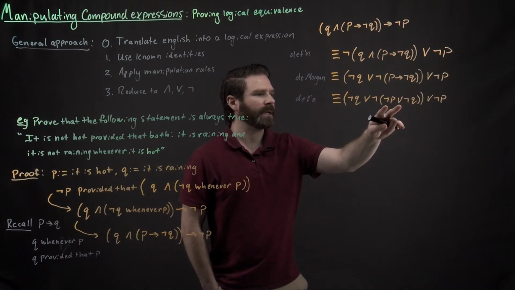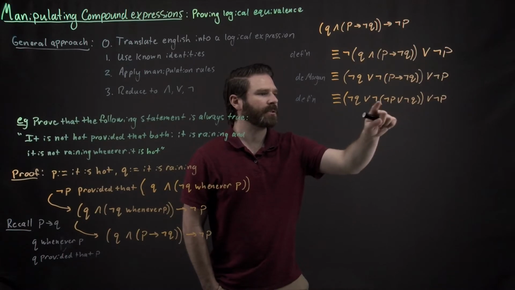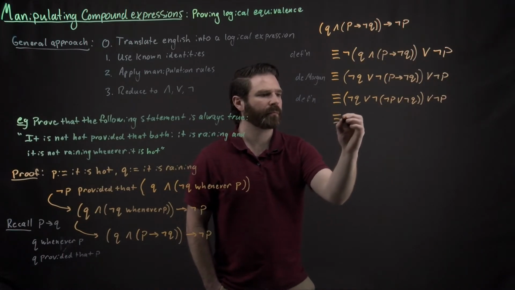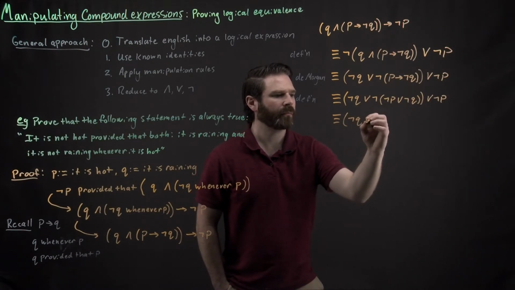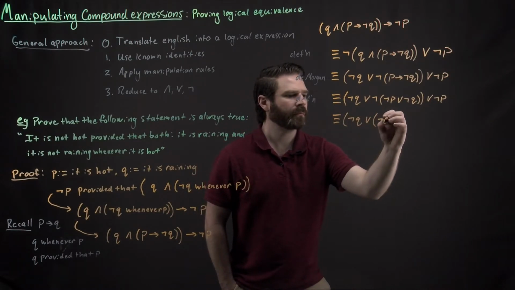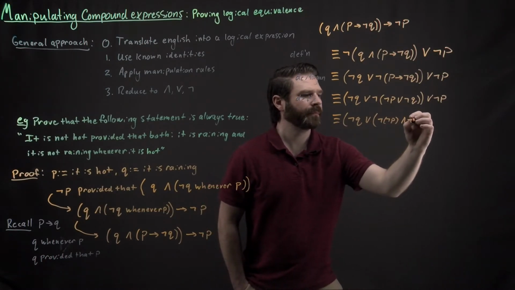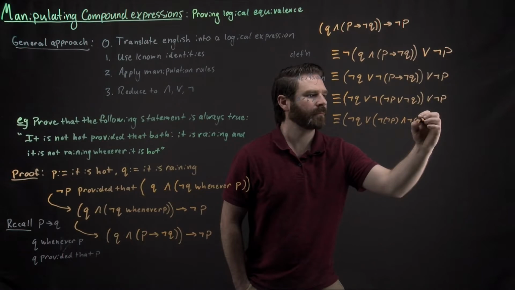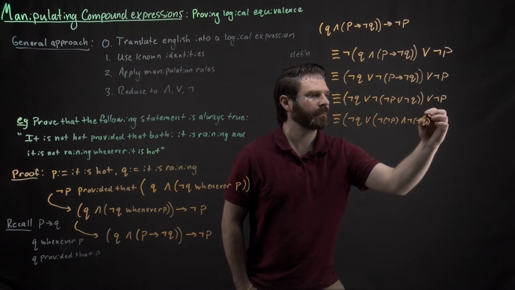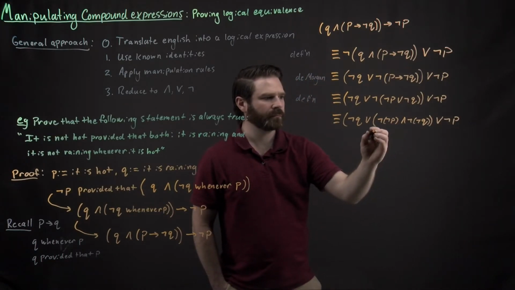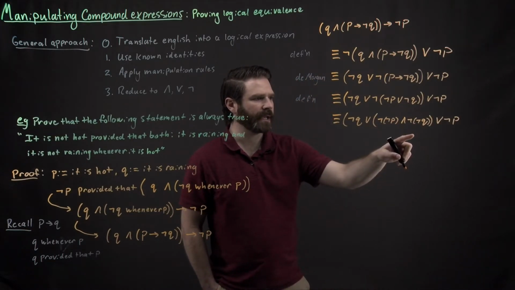Great, so now I can apply De Morgan's law right here and distribute this not into this expression right here. Flips the or to an and. And here I see some double negation right here.